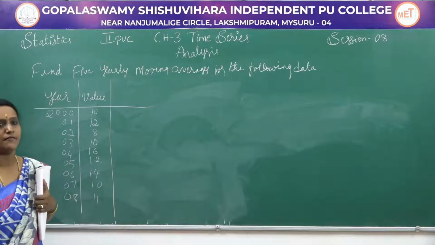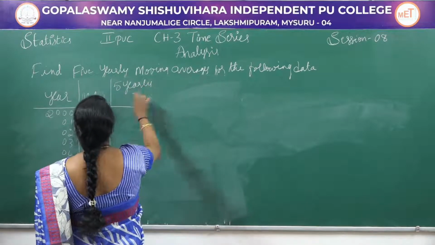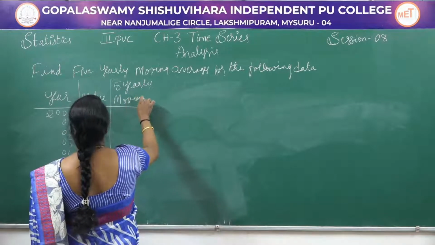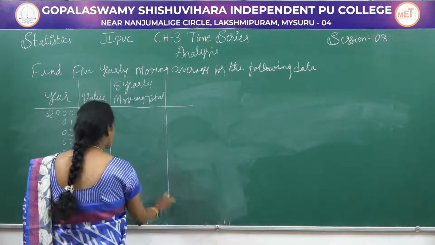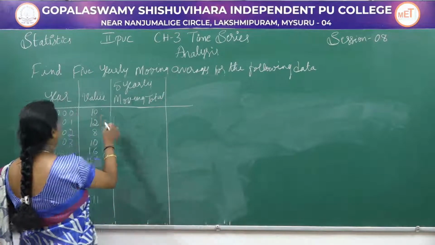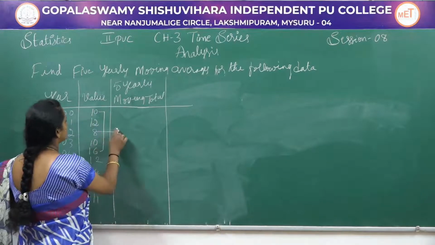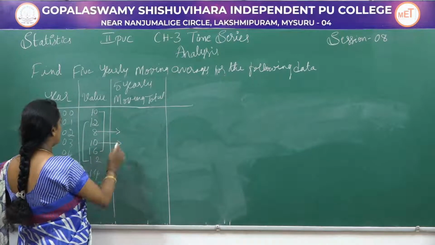For this, first we have to find the 5 yearly moving total. That is, I'll write down the 5 years. I'll group the 5 numbers with position, and next 5 with position.